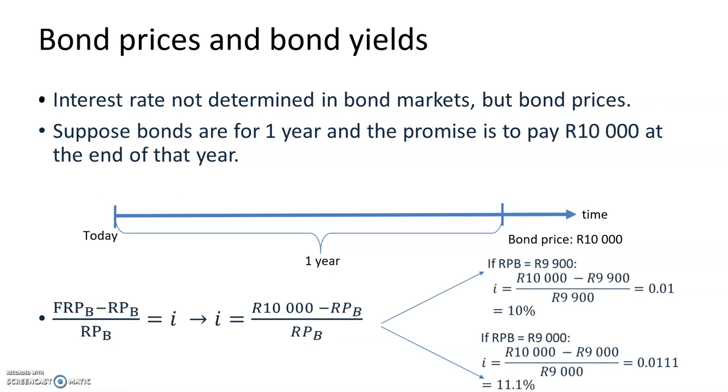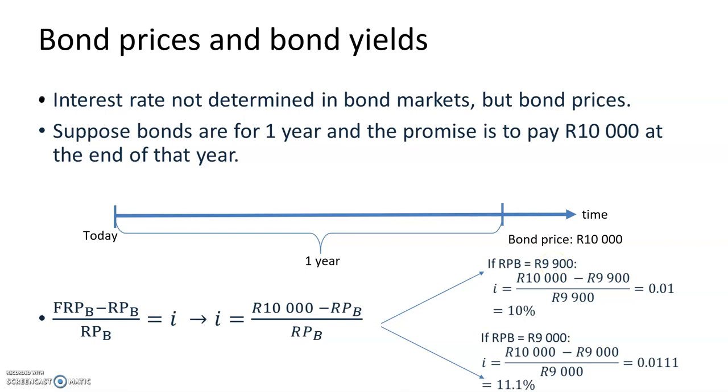Like we said, the interest rate is not determined in bond markets, but bond prices are. Let's look at an example. Suppose bonds are for 1 year and the promise is to pay 10,000 rand at the end of the year. So we said to calculate the interest rate, we used this formula. Let's say the price of the bond today, or the PB, is equal to 9,900 rand.